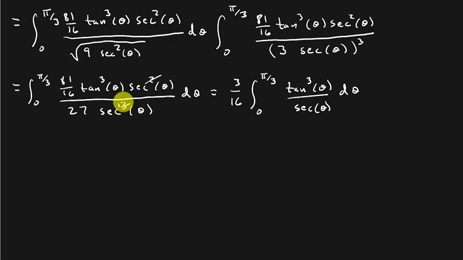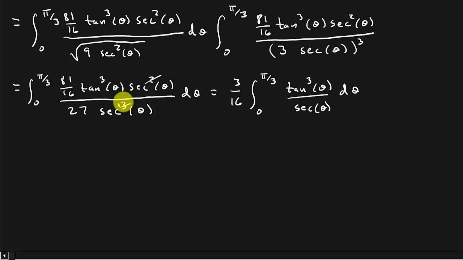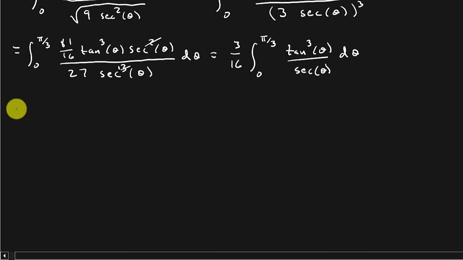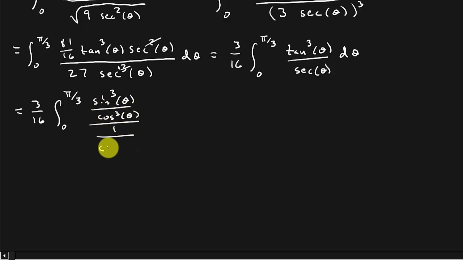So now what we want to do is rewrite everything in terms of sine and cosine to try and integrate this thing. And so this is going to be 3 over 16, 0 to pi over 3, and that's going to be sine cubed theta over cosine cubed theta over 1 over cosine theta d theta.